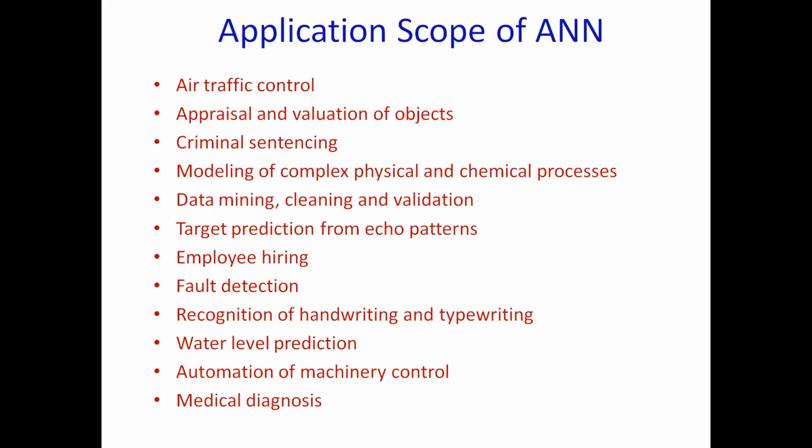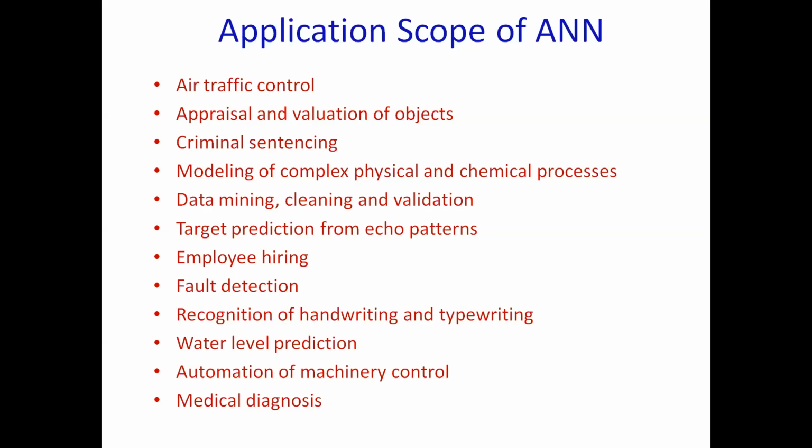Then there is modeling of complex physical and chemical processes, which may involve the interaction of numerous mathematical formulas that can be modeled heuristically using a neural network. And data mining, cleaning, and validation could be achieved by determining which records suspiciously diverge from the patterns of their peers.